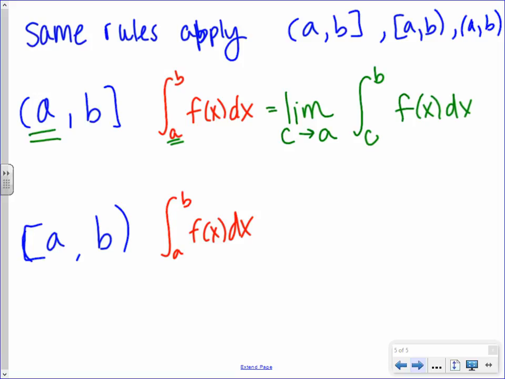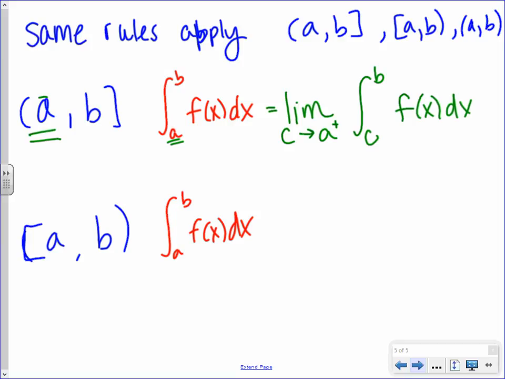What's your rationale? Our endpoint is A, and we want to get as close to A as we can, so we have to come from the right, since that's where our interval begins. We only have numbers to the right of A, so we can only approach A from the right.